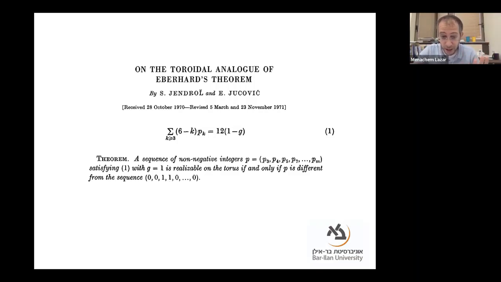It has to do with 5 and 7. And what it says is you can essentially have any arrangement of tiles on the torus if and only if P is different from the sequence 0, 0, 1, 1, 0, 0, 0, and so on. That 1 and 1 corresponds to 5 and 7.